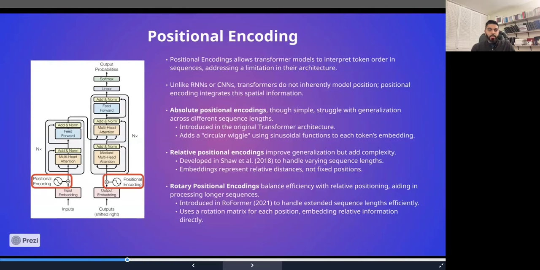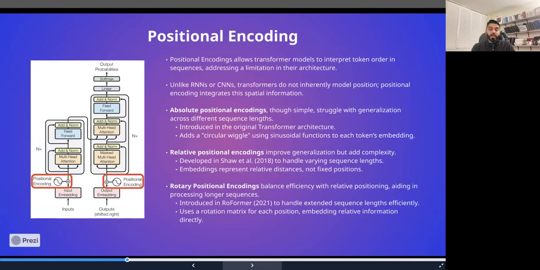Essentially, you were modeling sinusoidal functions, sine and cosine functions, as positions to number the various tokens in the input sequence. And with every new token, you would add a little bit of a wiggle to that function to make a little bit of an absolute position change as you had one token coming in after another. So this is how the original transformer architecture modeled the positional encoding part.